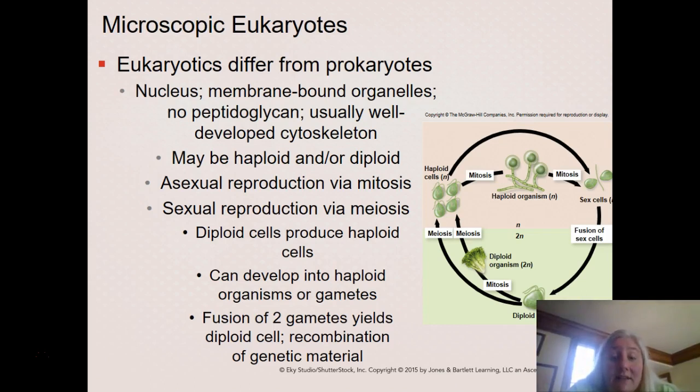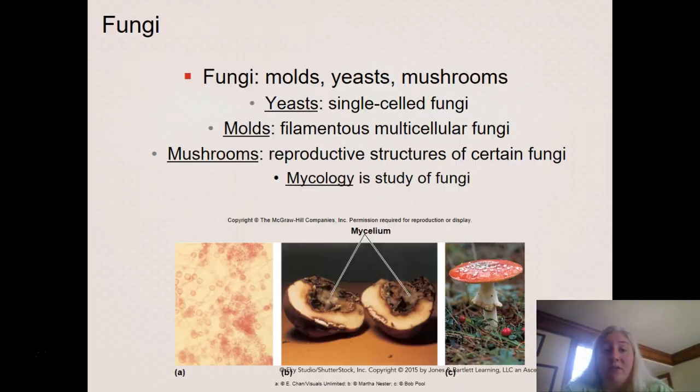The haploid cells can develop into organisms of their own, depending on the type of eukaryote that you're looking at, or the haploid sex cells can bond together. So you have two haploid sex cells from different organisms, and this allows you to produce a unique organism through sexual reproduction.